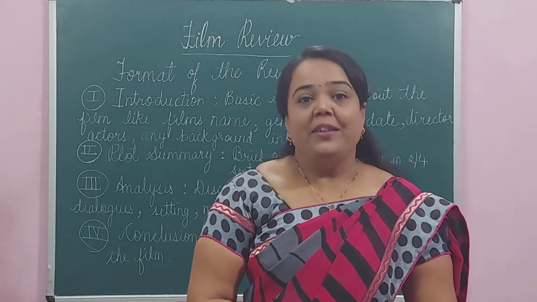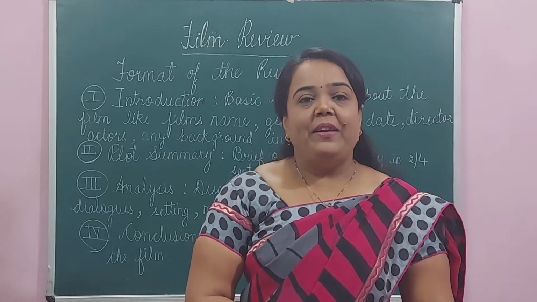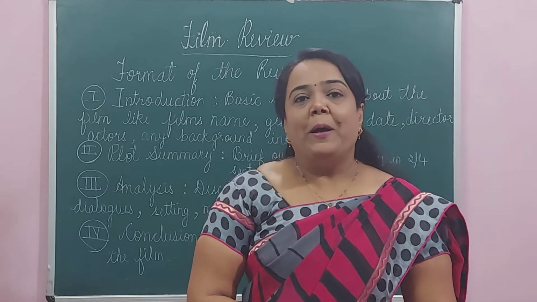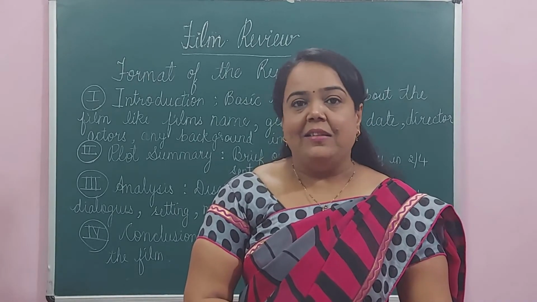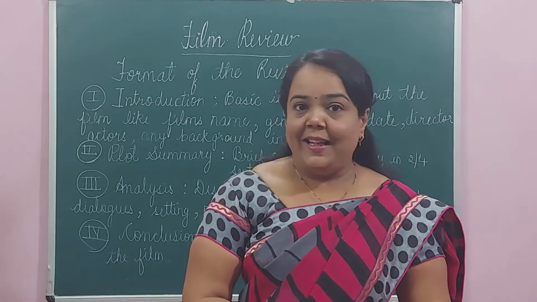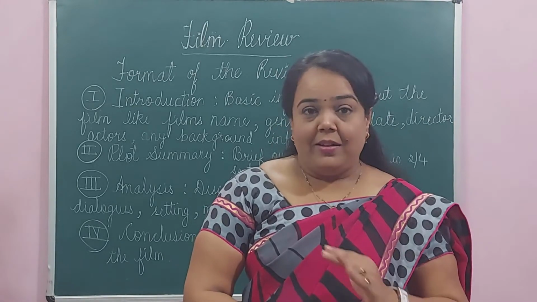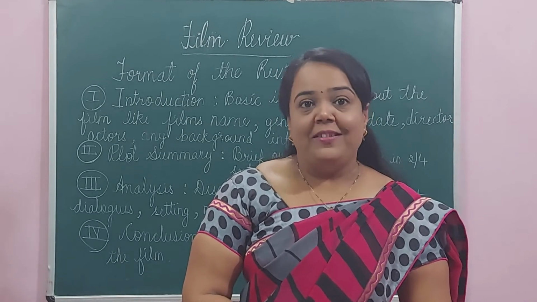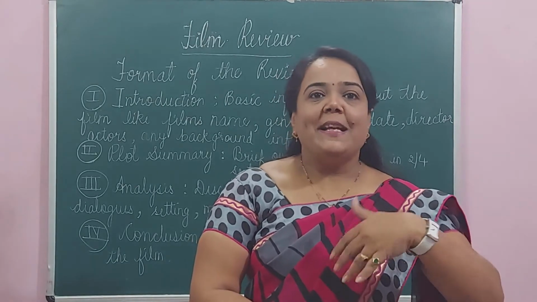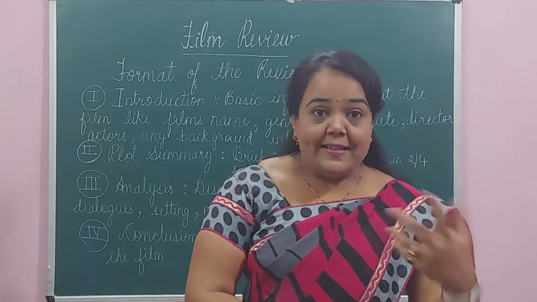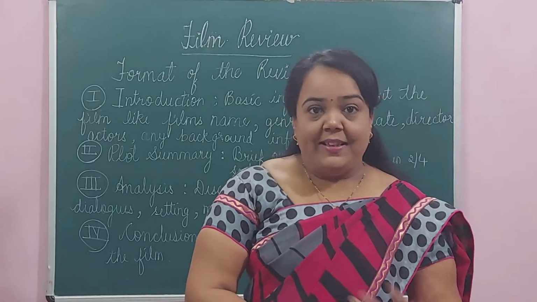As I mentioned, in film review, they will ask you to review a movie which you have recently seen. Obviously, they can't specify the name of the movie. But they can specify the genre, the type of the movie. For example, science fiction, historical, comedy.